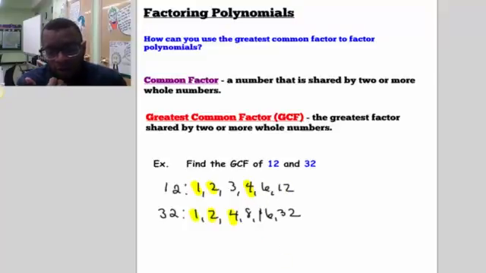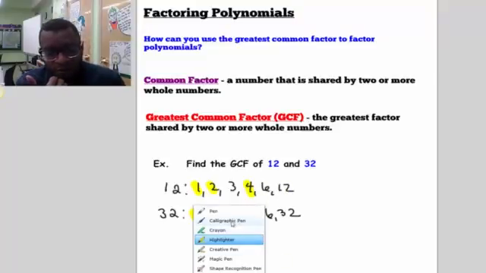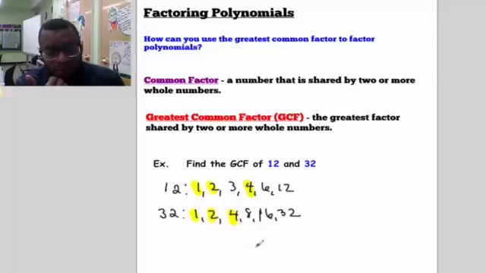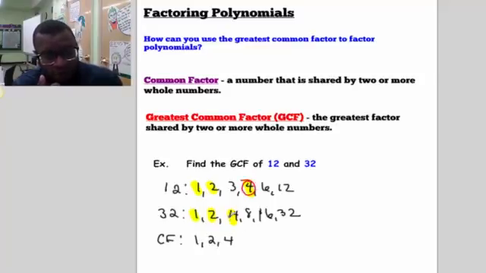Okay, so the common factors for this example, which I'm going to denote CF, are 1, 2, and 4. So if I want my greatest common factor, the greatest one that they share is 4. So our GCF for these two terms will be 4.